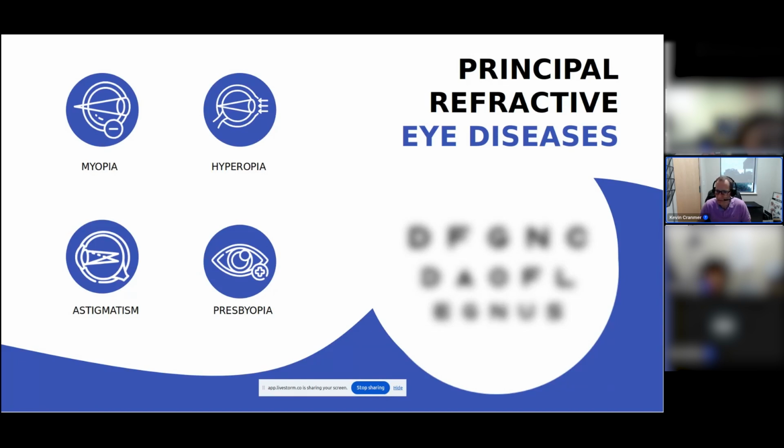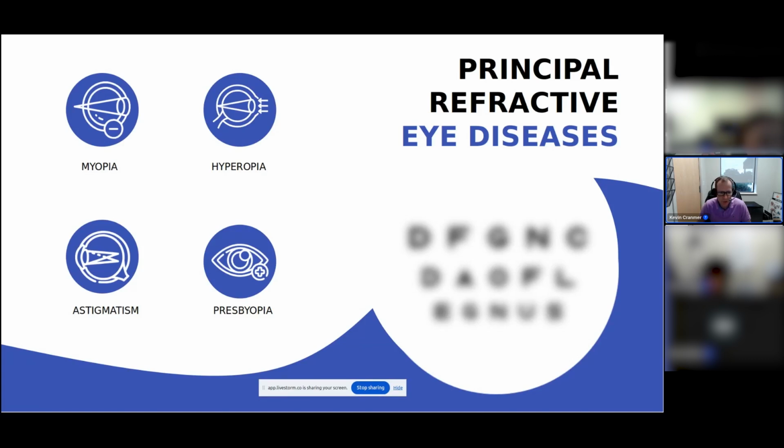And so we take it for granted, but all these things we do with refraction and glasses, they're sort of miraculous. I mean, we can refocus the light in the eyes and take people from seeing poorly to make them see well. The 4 main diseases are myopia, hyperopia or farsightedness. Myopia is nearsightedness.